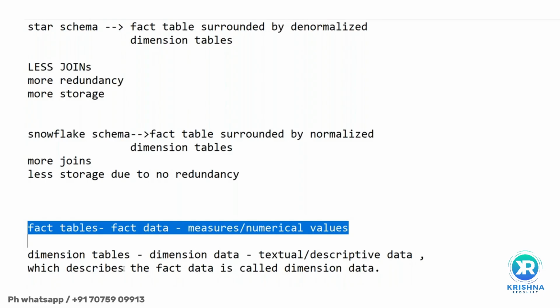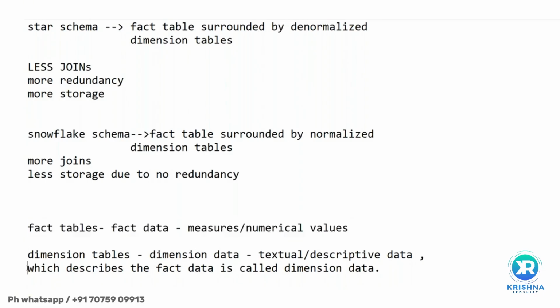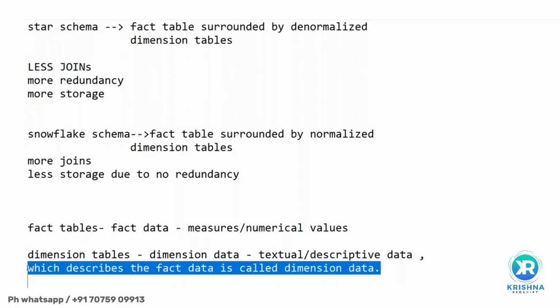Actually it describes the fact data, but that is extra I have added now; it is not required. Textual or descriptive data is called dimension data. I told you that line just to give you more understanding. The fact table has quantity, items sold.